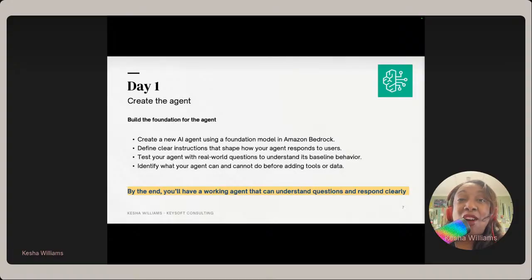And then on day one, you'll have that agent up and running, and you'll be able to test it by sending in questions and start to learn just the baseline behavior of that agent. And then by the end, like I said, you'll have that working agent that can understand questions and respond clearly.